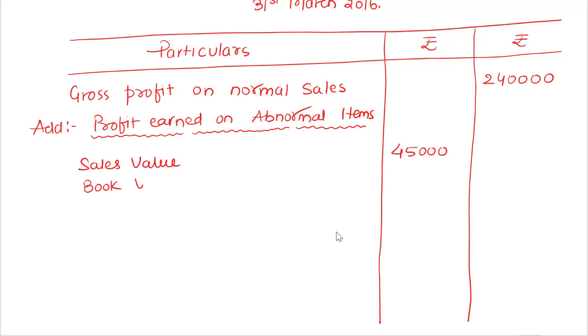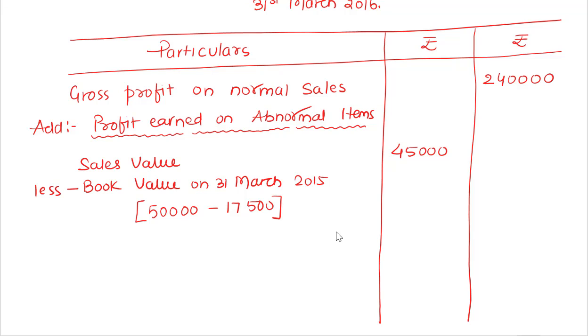Book value on 31st March 2015. We need to deduct it. So less book value on 31st March 2015, 50,000 minus 17,500 equals 32,500.